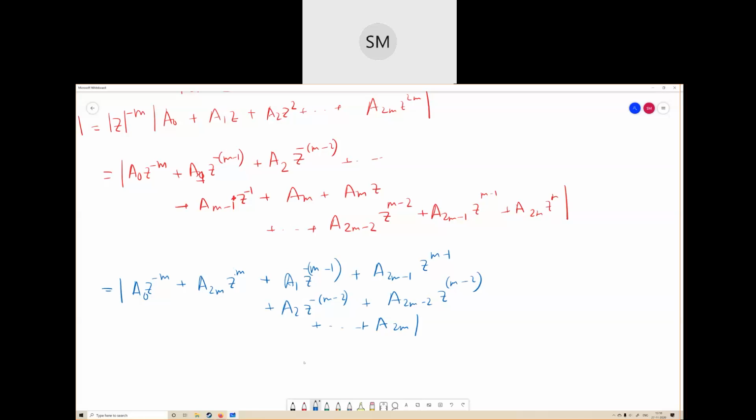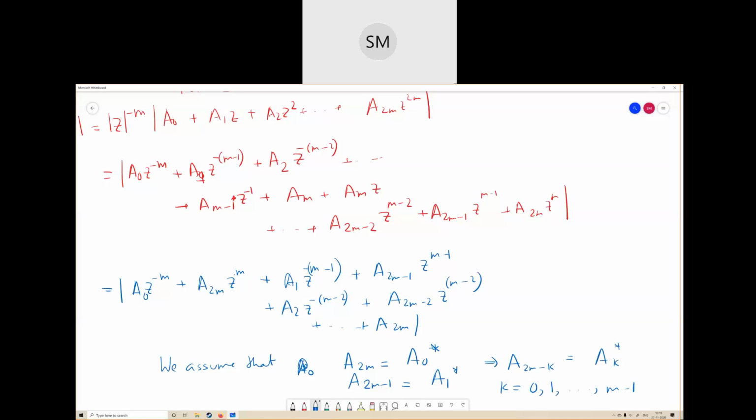Now we assume, for our convenience, that A(2m) is the complex conjugate of A0. A(2m minus 1) is the complex conjugate of A1. In general, A(2m minus k) is the complex conjugate of Ak, where k lies from 0 to m minus 1.